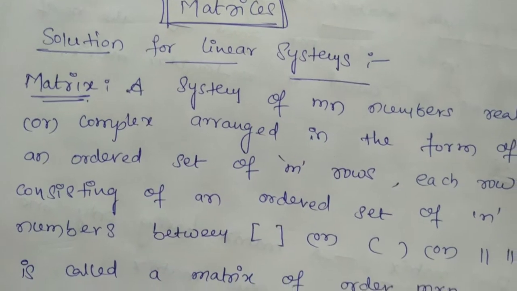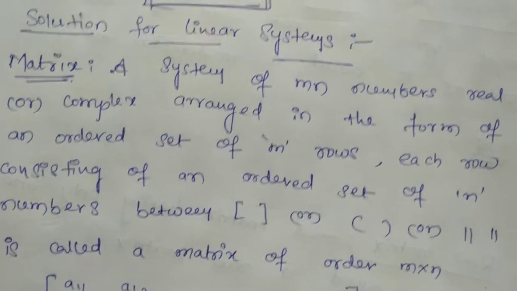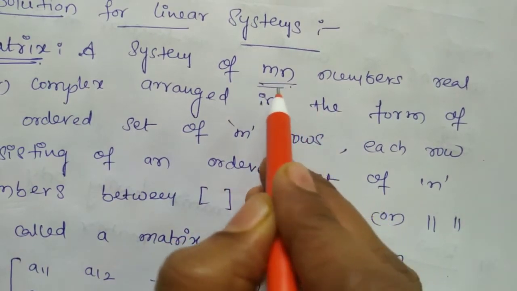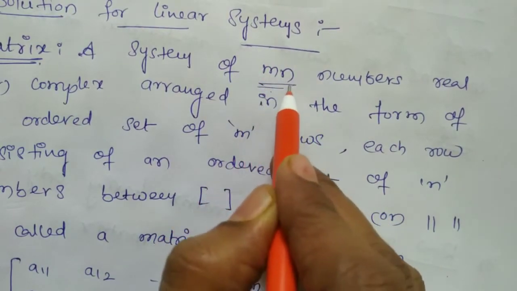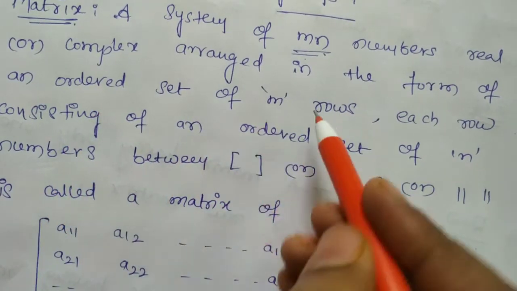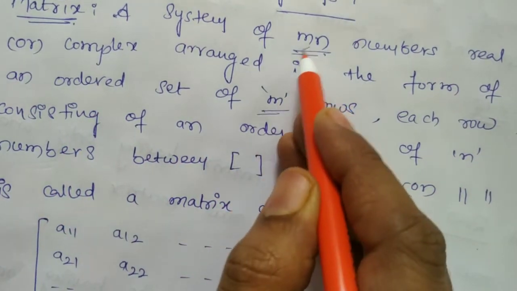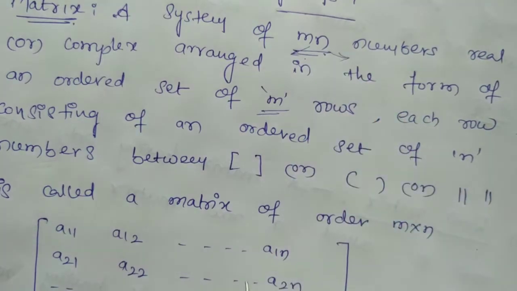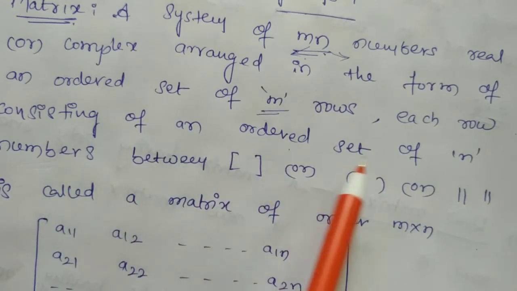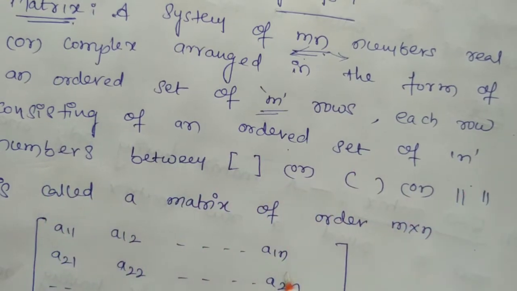In the mathematical definition, a matrix is a system of mn numbers. These mn numbers are real or complex numbers arranged in the form of an ordered set of m rows, where m denotes rows and each row consists of an ordered set of n numbers.